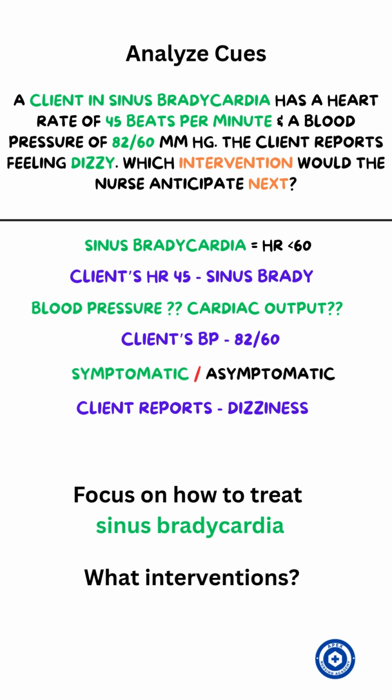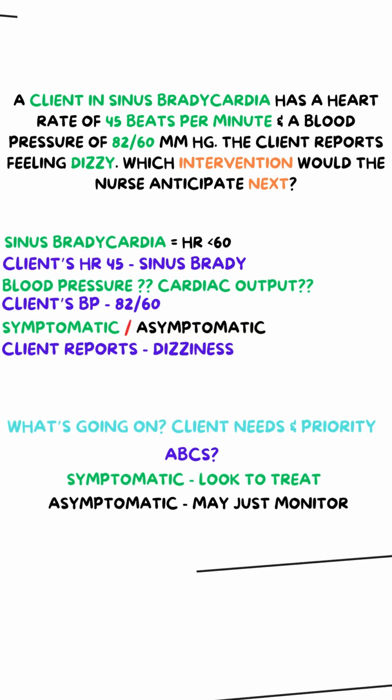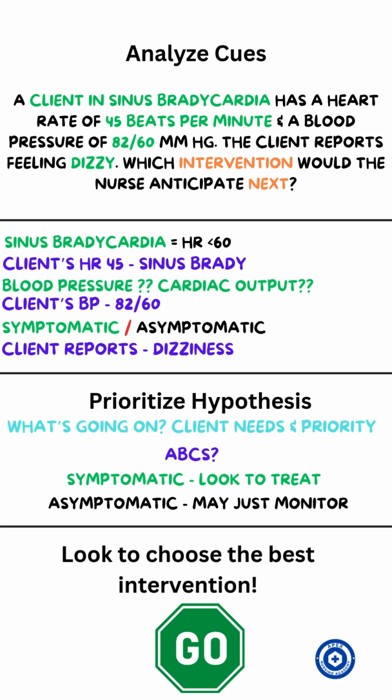So we're having some symptoms here, right? That goes a long way in telling us what we want to do, because sometimes we may not treat an asymptomatic bradycardia, right? So we're taking all of that in. We're bringing all of that nursing knowledge to the forefront, focusing in on sinus bradycardia, what's going on with the patient. We've recognized our cues. We've analyzed our cues.